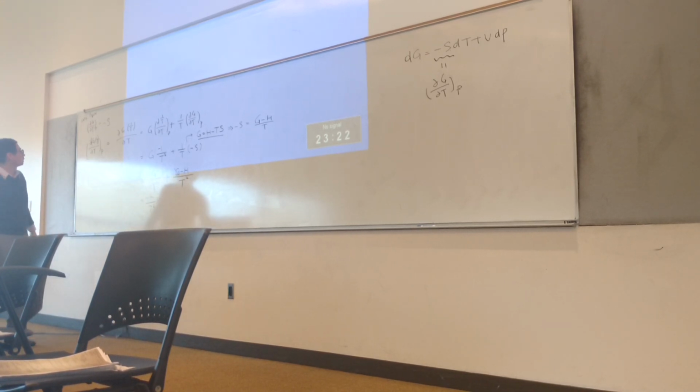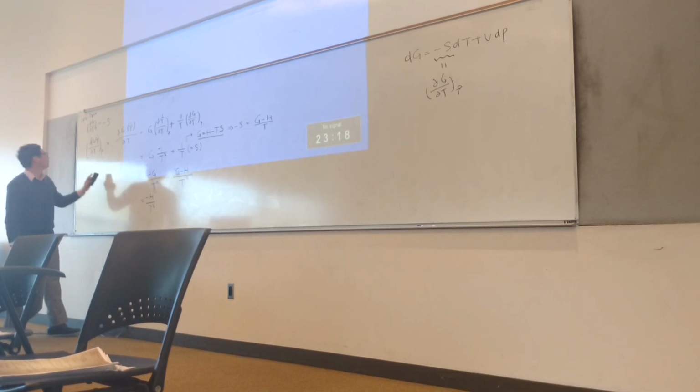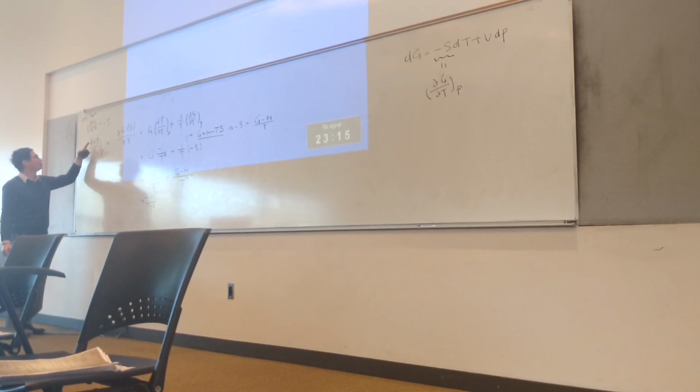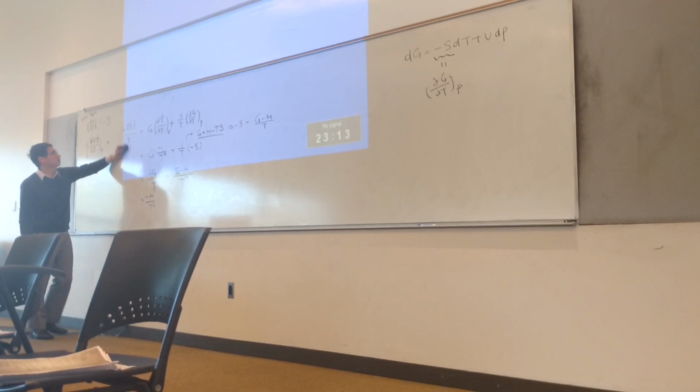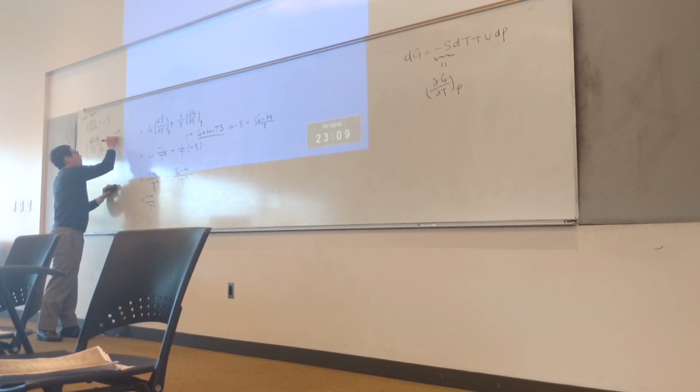And sometimes people don't like this form, if you do partial G over T, partial T, that eventually gives you minus H over T squared.